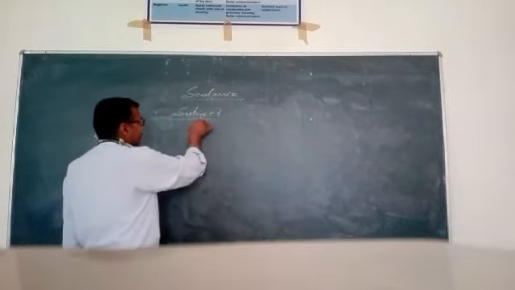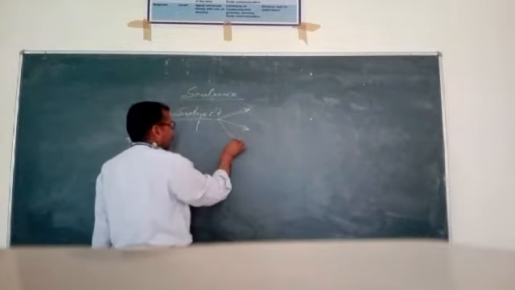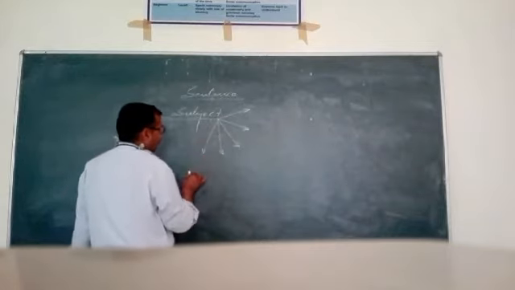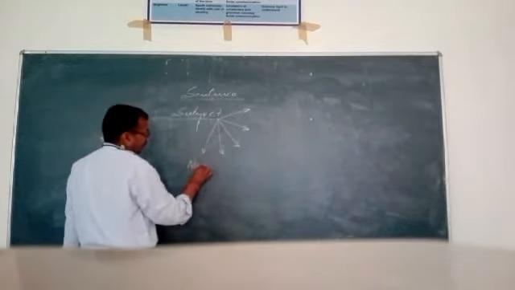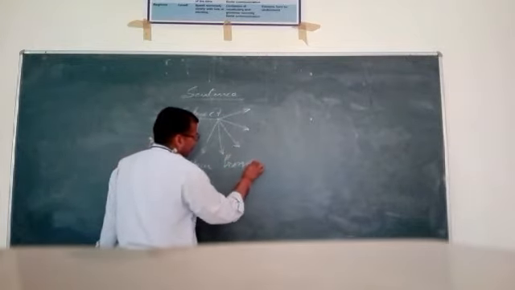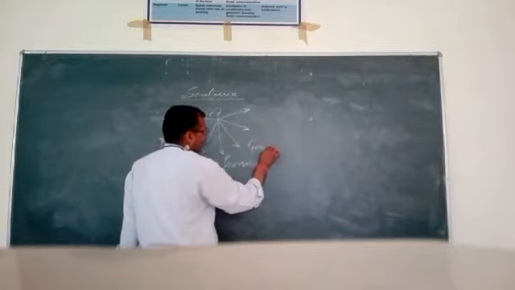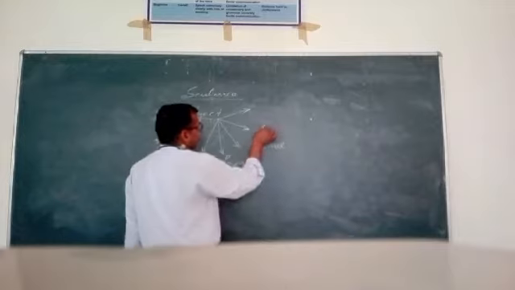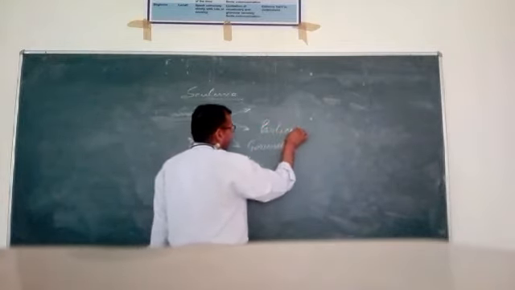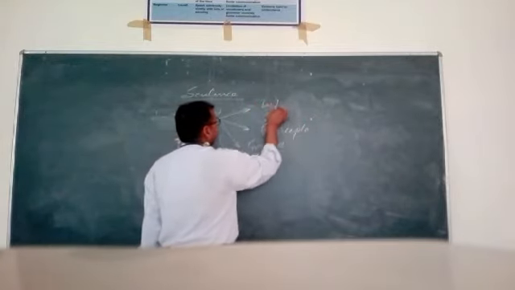There are five main forms of a subject. Number one, noun. Two is pronoun. Third is gerund. Four is participle. Fifth is infinitive.